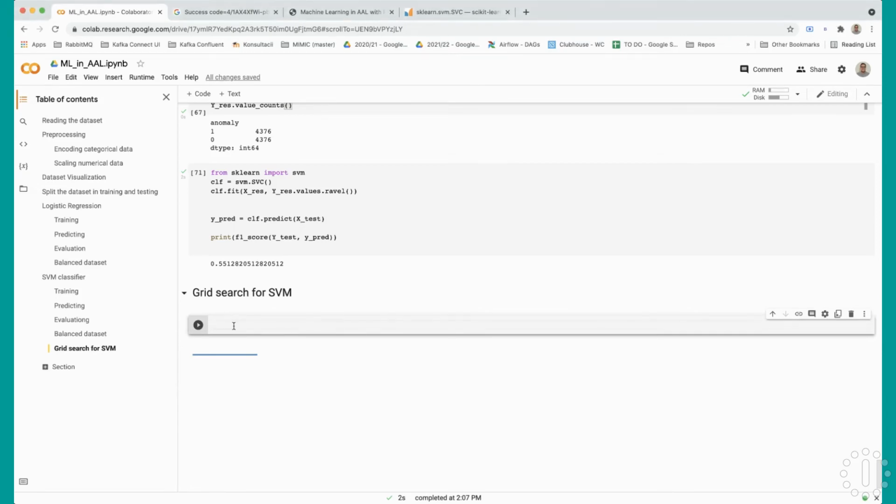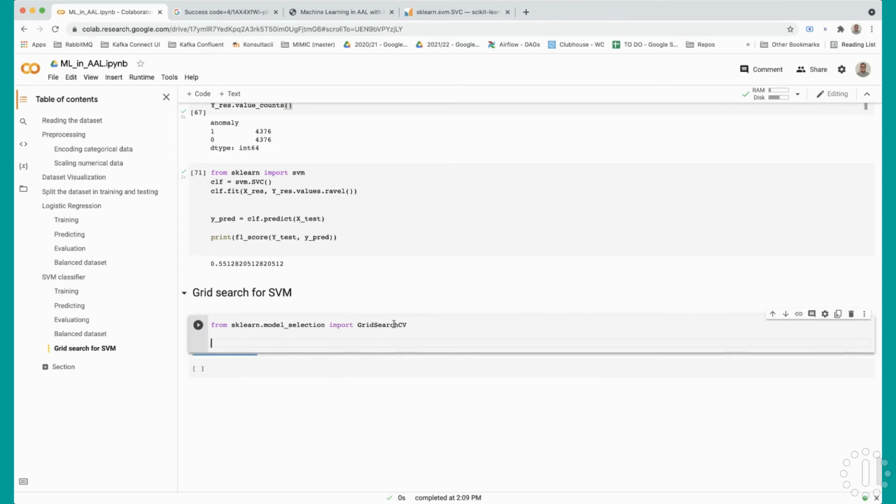First, let's import from scikit-learn model selection the grid search CV, cross validation. We already spoke about cross validation in the introduction presentation.